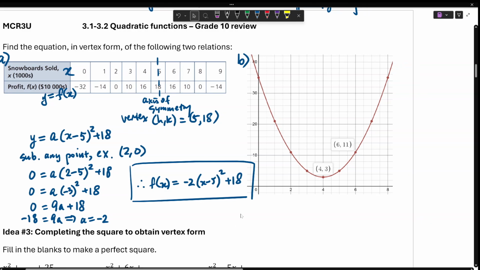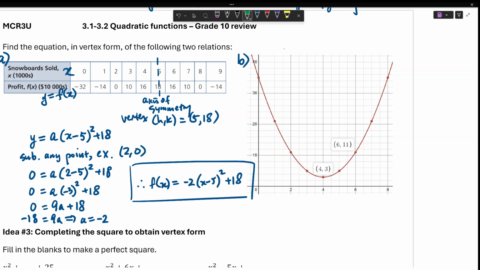Let's do part B now. This is based on the graph, and you can see that I've highlighted more points, but you only really need the vertex and one other point. Okay. Vertex here is 4, 3, so let's put that in. y equals a times x minus 4 squared plus 3. And we're going to substitute any point, which in this case I've highlighted 6, 11.